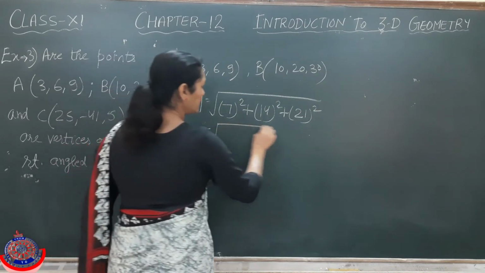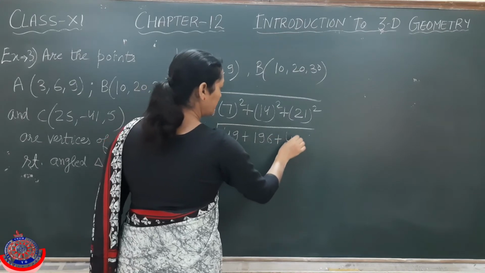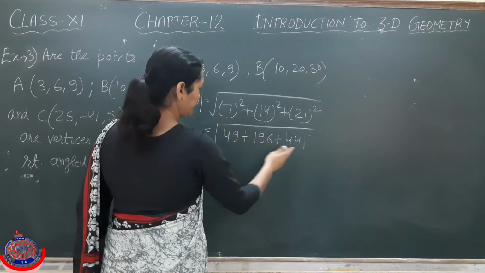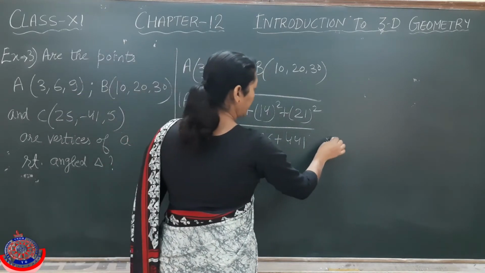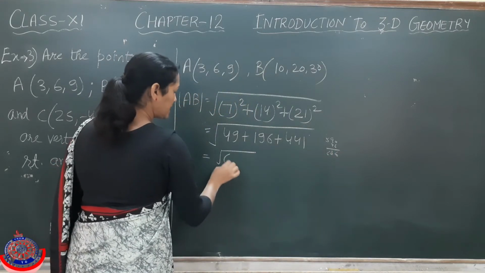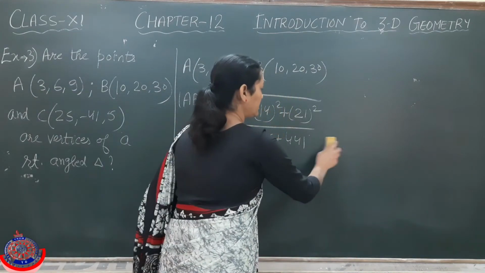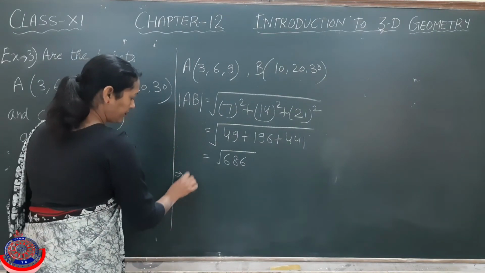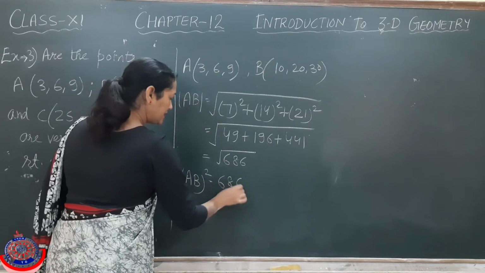So that will give us 49, 196 and 441. And the sum will give 686. Now for finding the square, if we square both sides, we are getting AB square as 686, as this root will go.